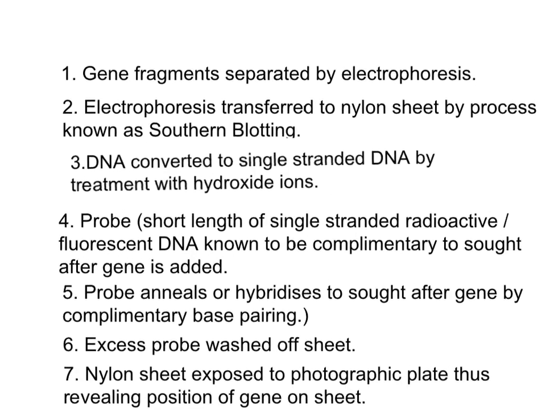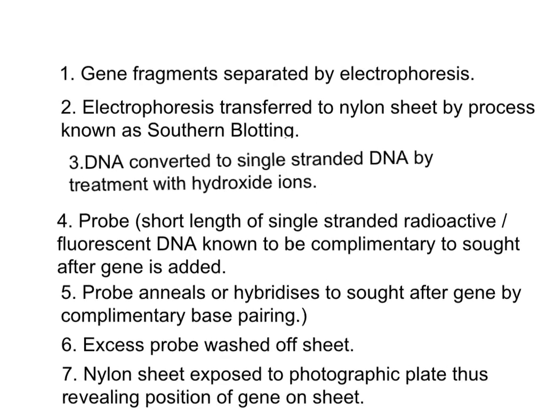Okay, just going into a little bit more detail of how you actually do that. The gene fragments which we've created by using restriction enzymes are separated by electrophoresis. The pattern on the electrophoresis is then transferred to a nylon sheet by a process known as Southern blotting.